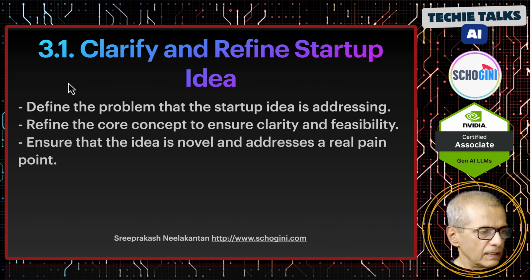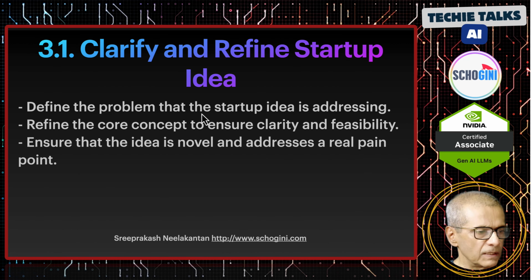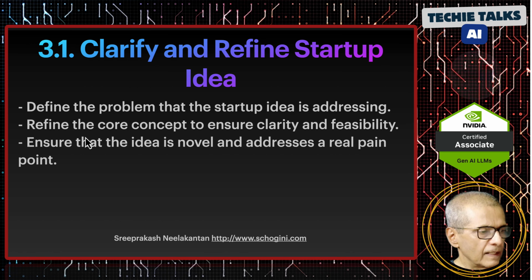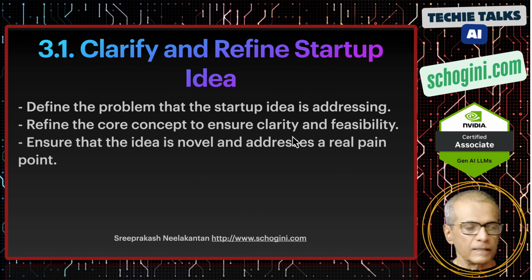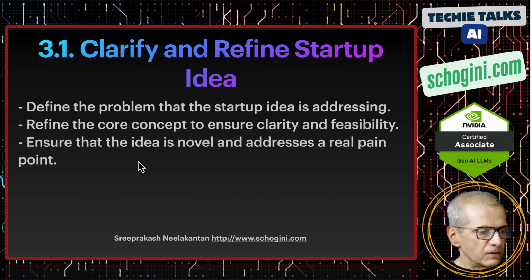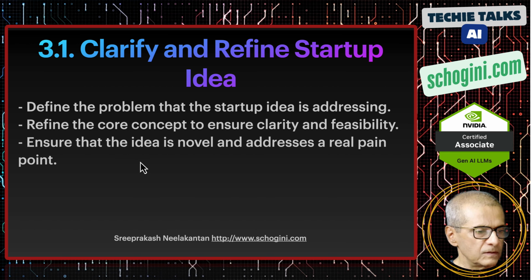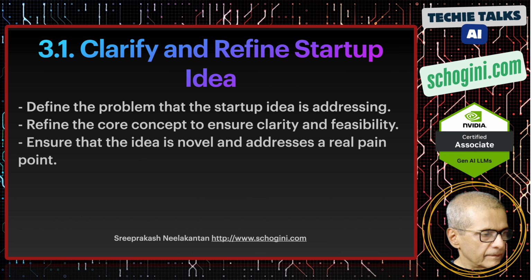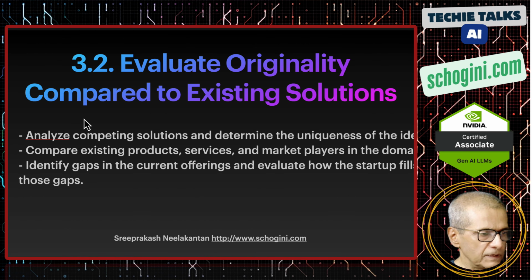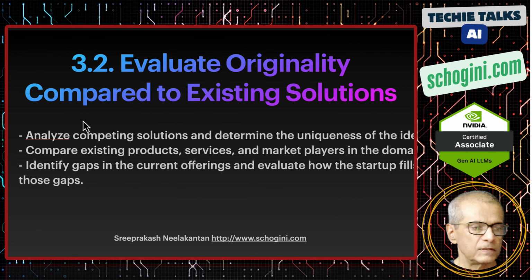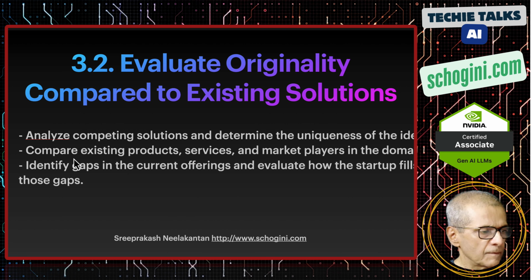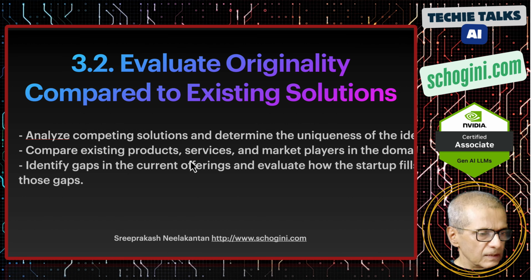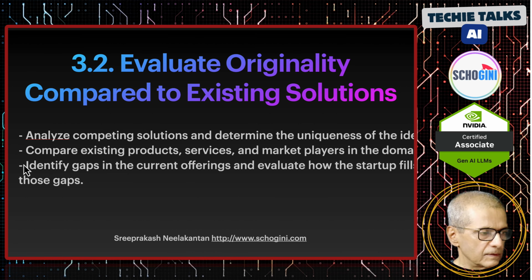So 3.1 is to define the problem that the startup idea is addressing and refine the core concepts to ensure clarity and feasibility. Then ensure that the idea is novel and addresses the real pain point. Then evaluate the originality compared to existing solutions. So analyze competing solutions, compare existing products, services, and identify gaps in the current offerings.